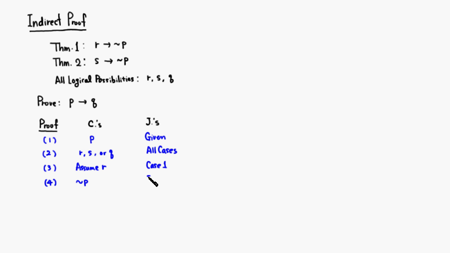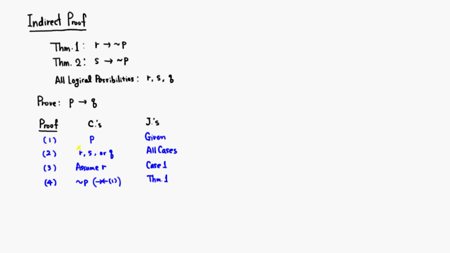But you can see that this is a contradiction, because line number 4 contradicts line number 1. P has to be true, so not P cannot be true. This is a contradiction, which means that we eliminated the case R.